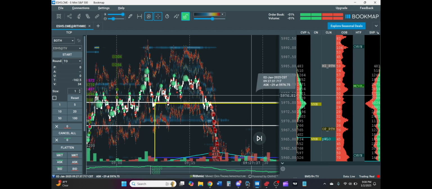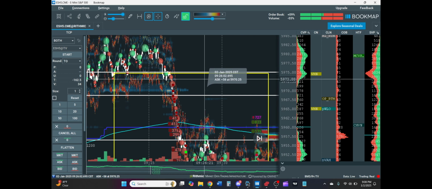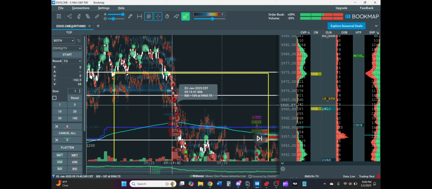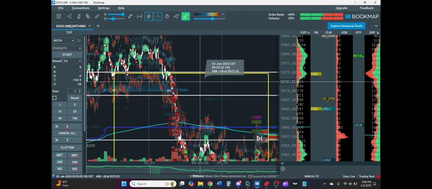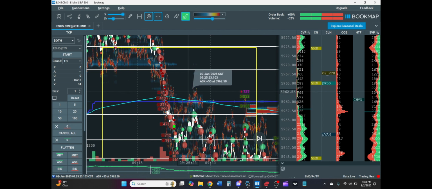So at this point, what do we got going on? And we got some sell sweeps, which usually means a rotation back up. It can mean that.